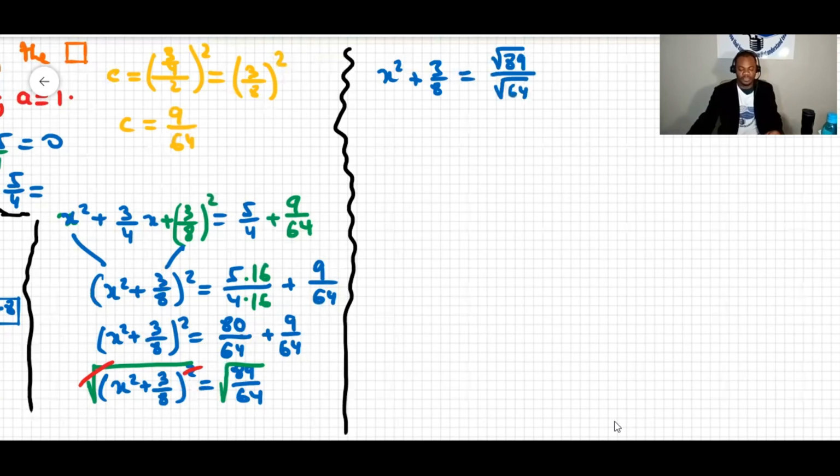But remember, plus or minus always, whenever we square root within an equation, the constant part must have plus or minus. Now we can move the 3 over 8 over, that makes negative 3 over 8 plus or minus root 89 over root 64, which is just 8.